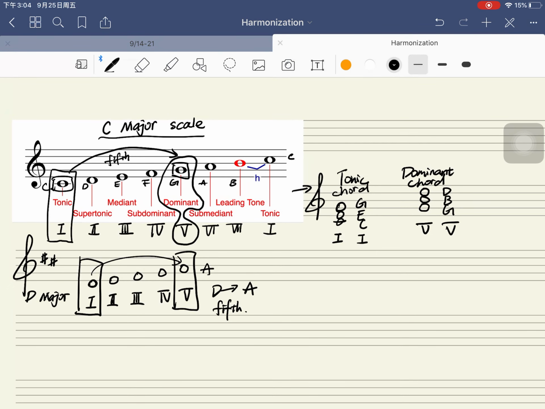Okay. Now let's look at the dominant chord and the tonic chord in D major.